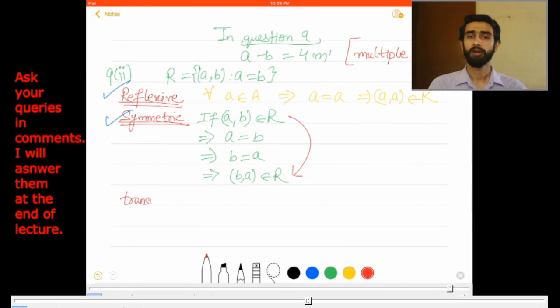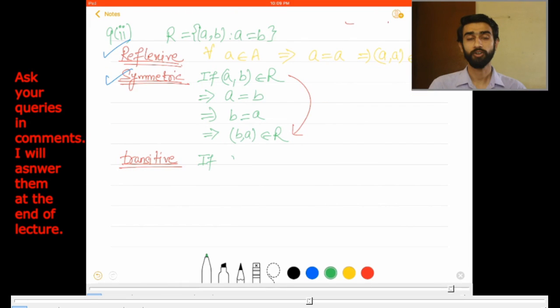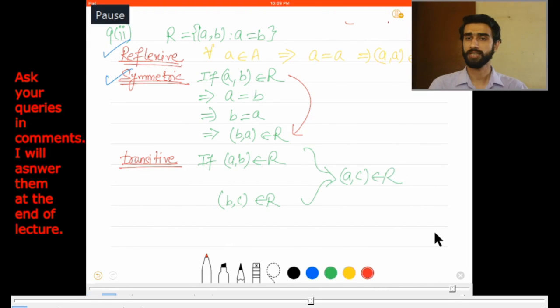Now let's check for transitivity. Is this relation transitive or not? Now if (A, B) belongs to R and (B, C) belongs to R, this should imply (A, C) belongs to R. This is the condition of transitivity.